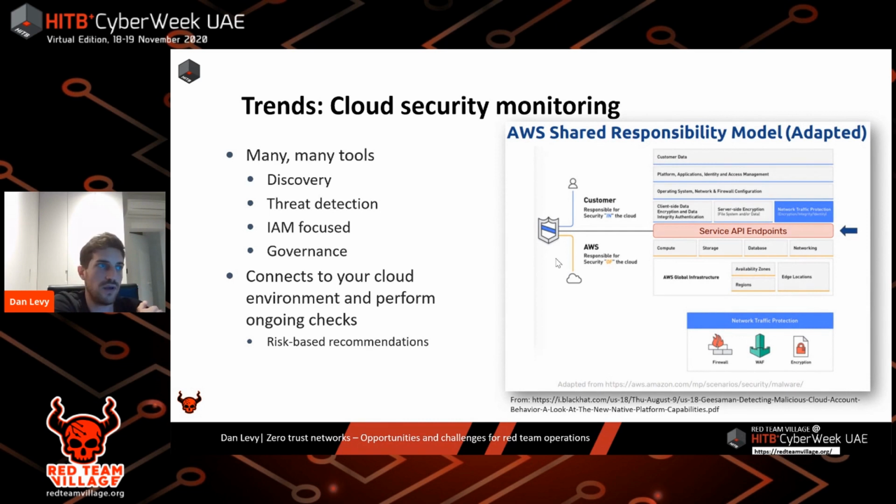What happens is that whatever happens between AWS and the customer, basically everything relies on API endpoints. This is something I took from a Blackout conference in 2018. We need to understand very well that the misconfigurations inside cloud environments don't necessarily happen at the customer level or within AWS itself. The misconfigurations that we can exploit are always in between the customer and the cloud provider, whether it be AWS or another one.